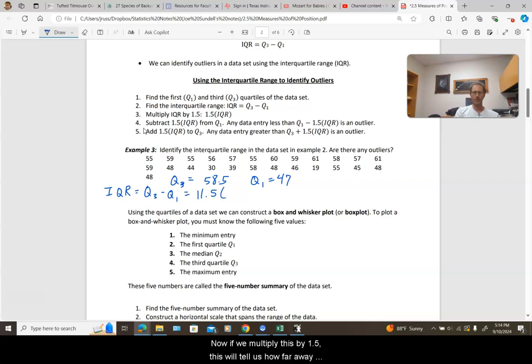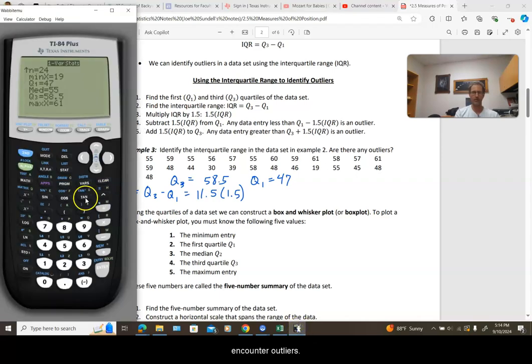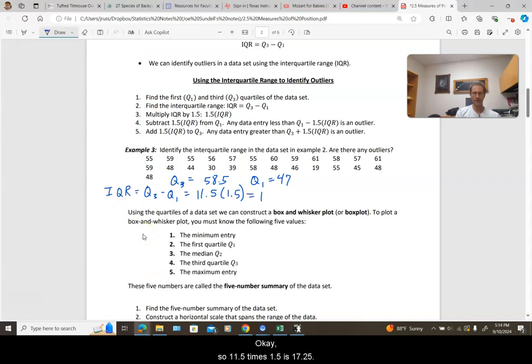Now, if we multiply this by 1.5, this will tell us how far away we have to be from that interquartile range before we encounter outliers. All right, so 11.5 times 1.5 is 17.25.